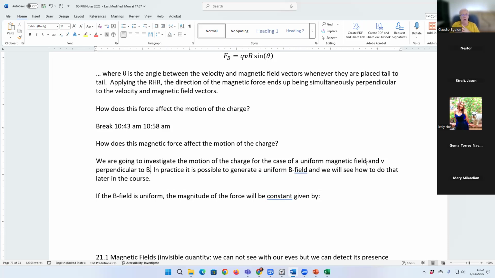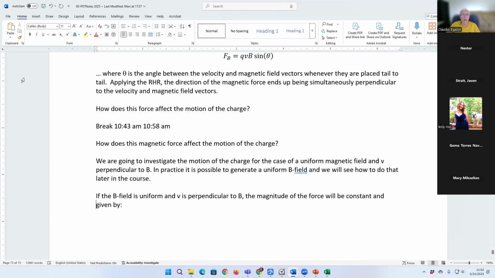Later on, we are going to see how the particle moves if the velocity is not perpendicular to B. If B is uniform and v is perpendicular to B, the magnitude of the force will be constant and given by qvB only.